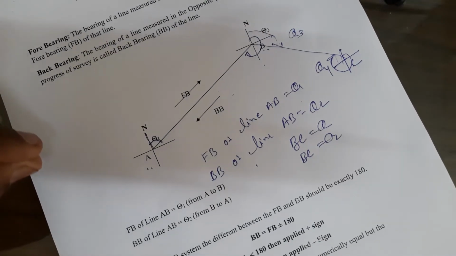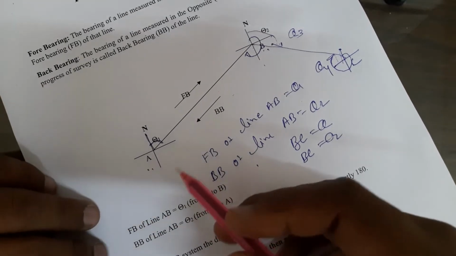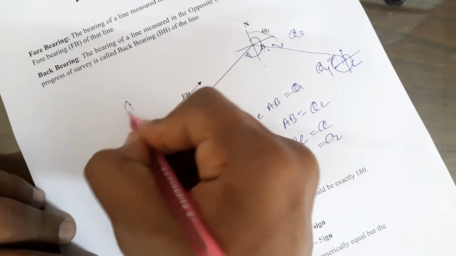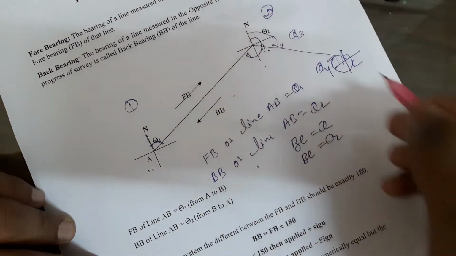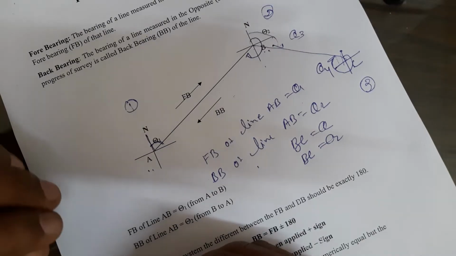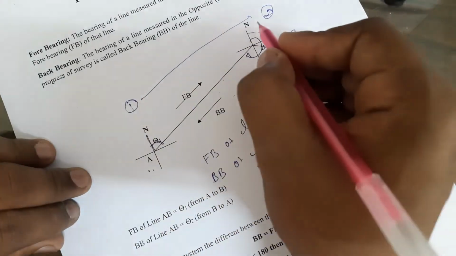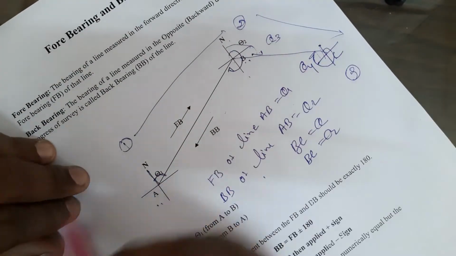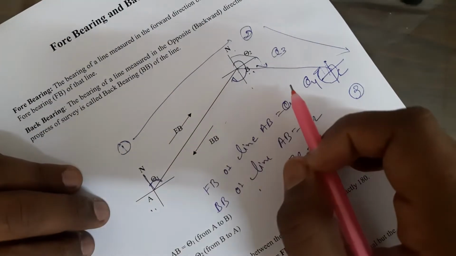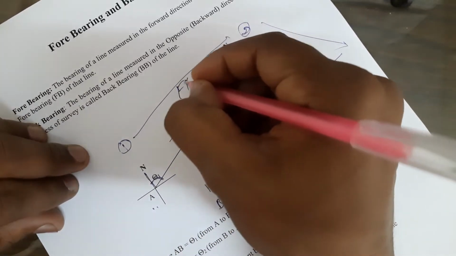So now you can easily understand that if we measure in a forward direction of a survey, like station number 1, station number 2, station number 3, we measure the bearing from station 1 to 2 and then 2 to 3. This is the forward direction. In the forward direction we measure a bearing, so it is called forward bearing.